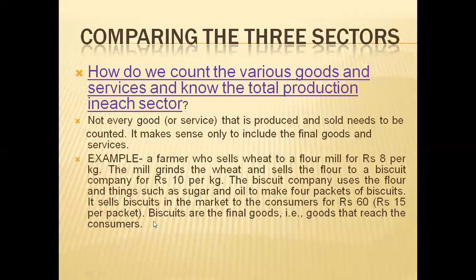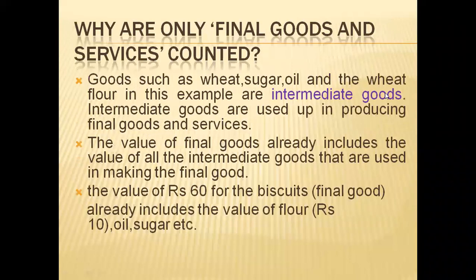Now what do we call the raw materials, sugar, oil, wheat, flour used? These goods are known as intermediate goods. These are the raw materials used to produce the final goods and services, and the value of final goods and services already includes the value of intermediate goods.